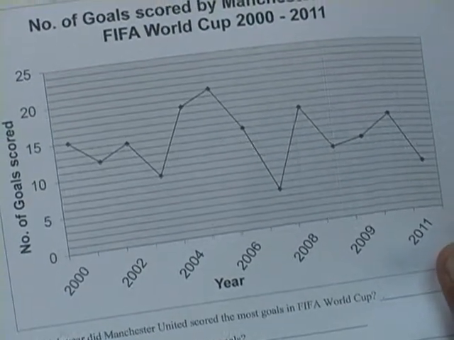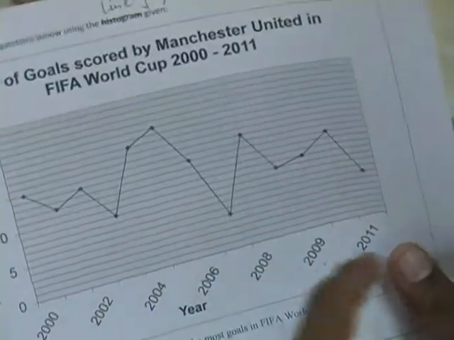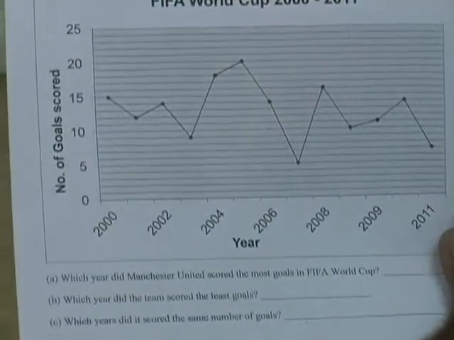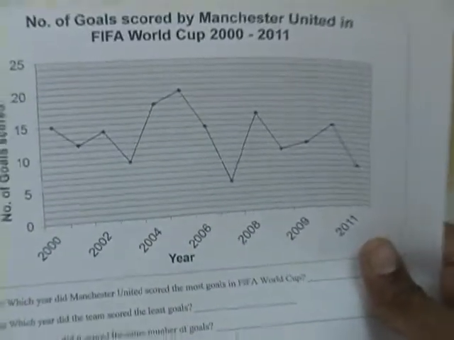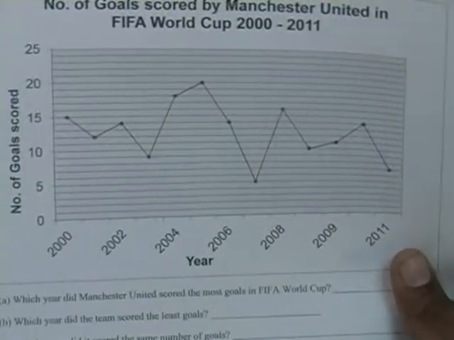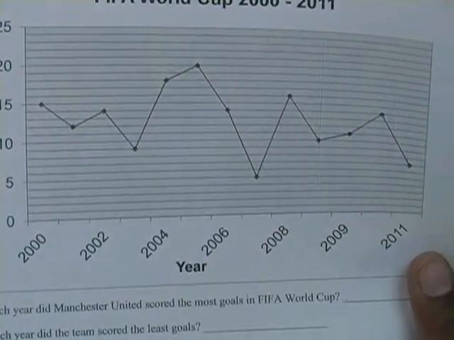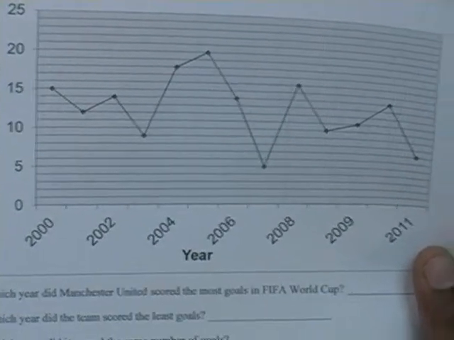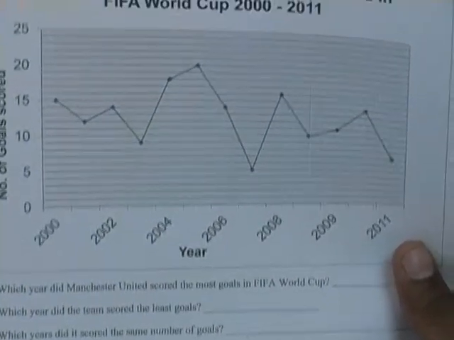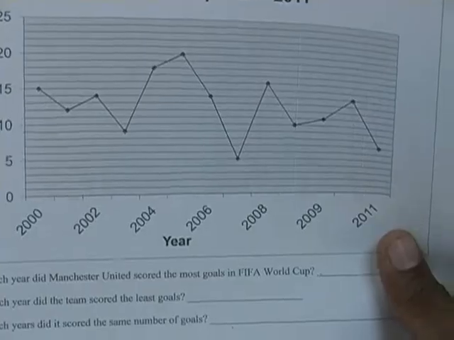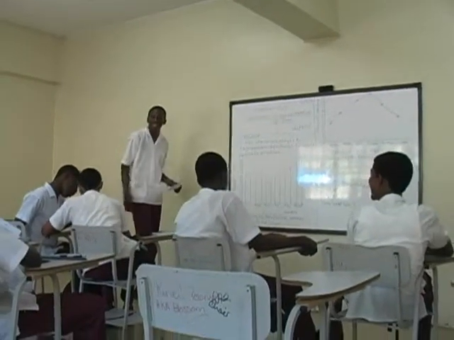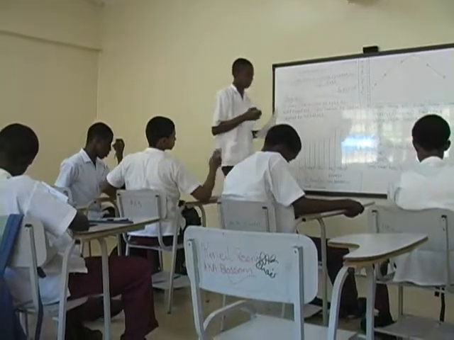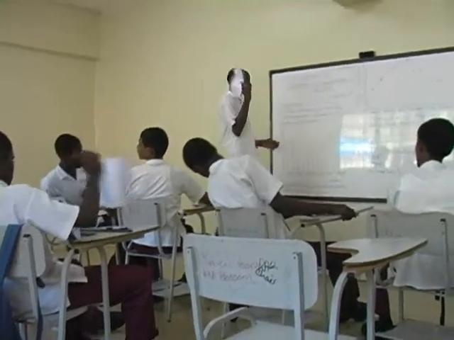So maybe 2006 and 2010. 2006, 2010. 2002 has the same goals as 2006. And 2010 has the same goals as 2010. Alright, you're just looking at this. Right, so they scored the same number of goals in the international FIFA World Cup.